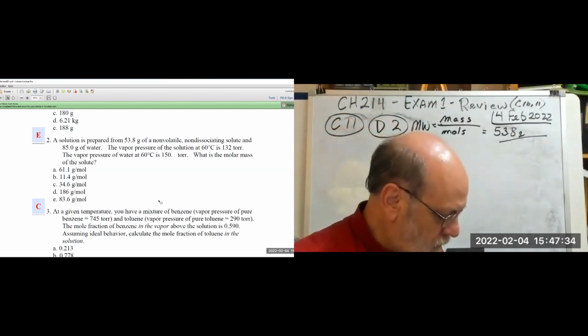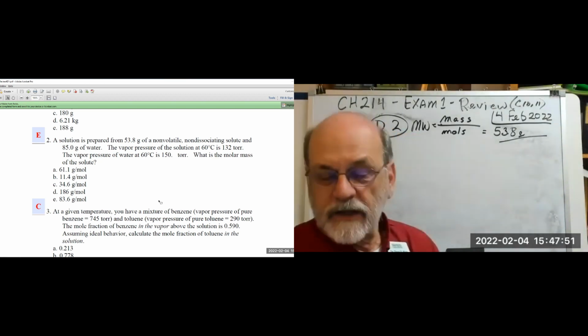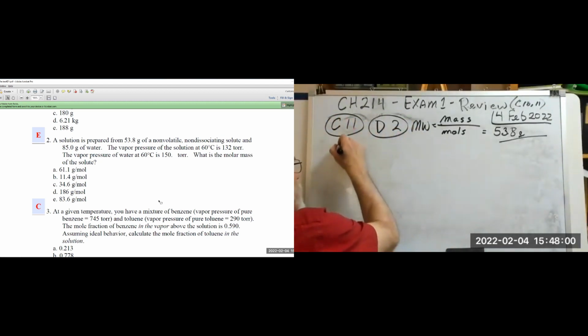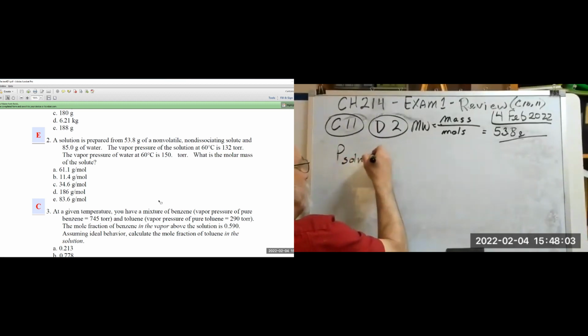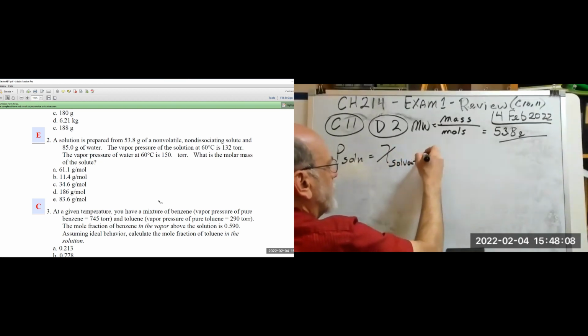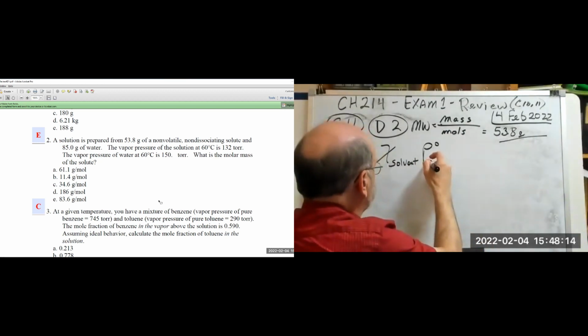Okay, we can use Raoult's law for a non-volatile solute. That means the pressure of the solution is equal to the mole fraction of the solvent times the vapor pressure of the pure solvent.